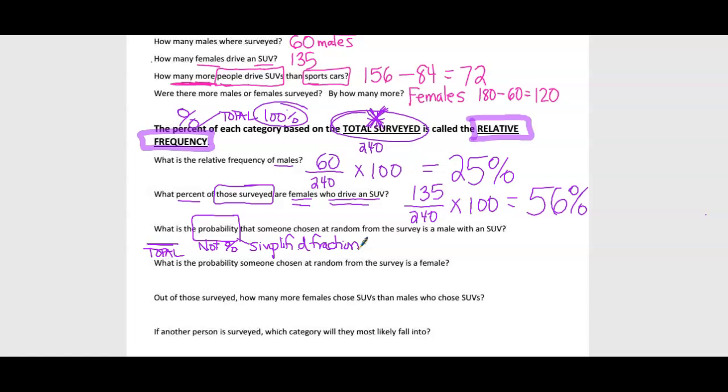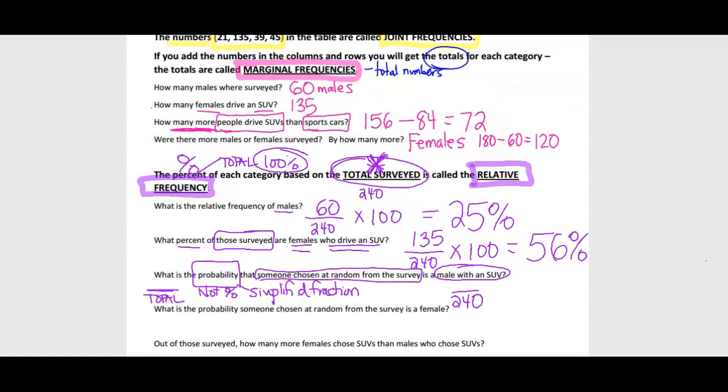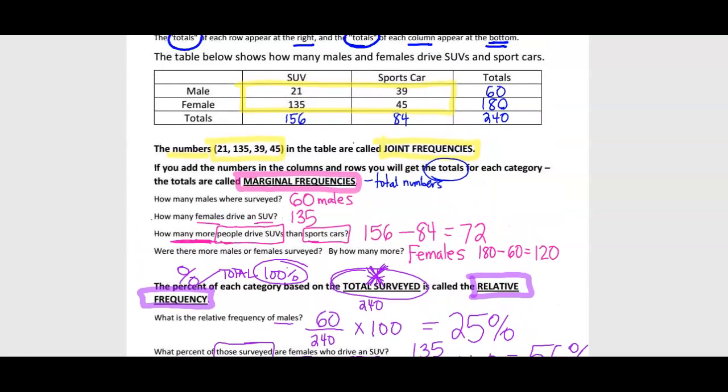This question says, what is the probability that someone chosen at random from the survey? Well, when you choose someone at random, that's your total. Our total is 240. That's going to be our denominator. It says, those people chosen at random, how many of them are male that has an SUV? So I'll scroll up here real quick. How many males had an SUV?